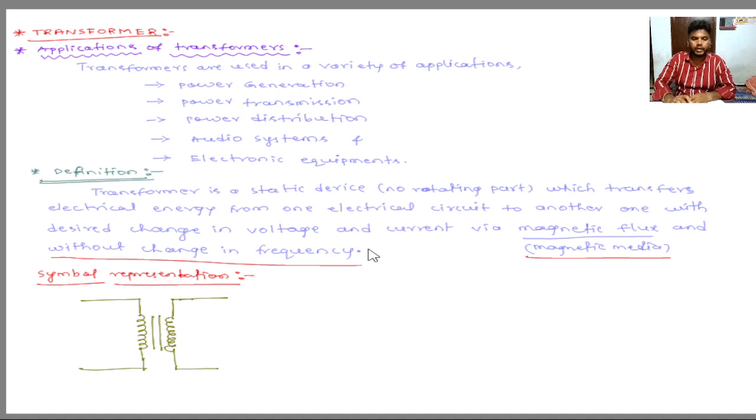These are the two windings of a transformer. These two lines indicate magnetic coupling.